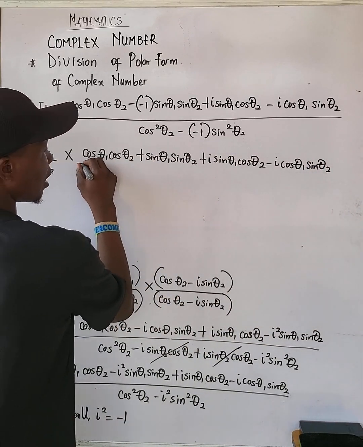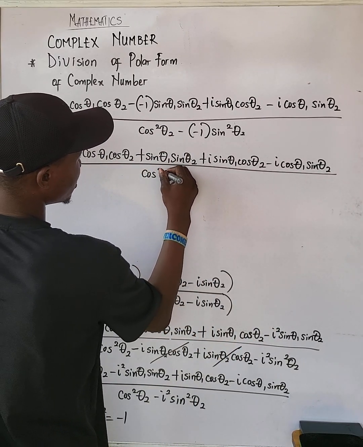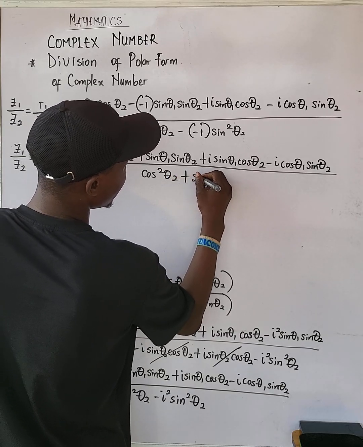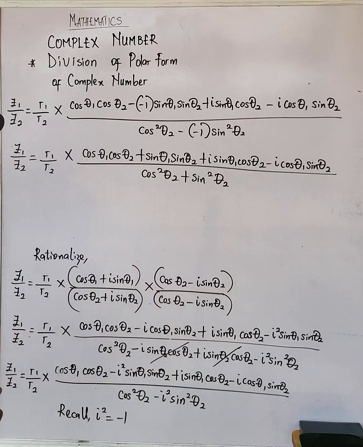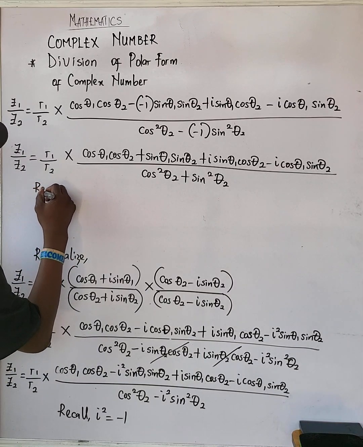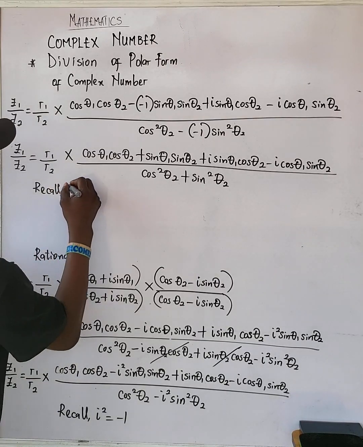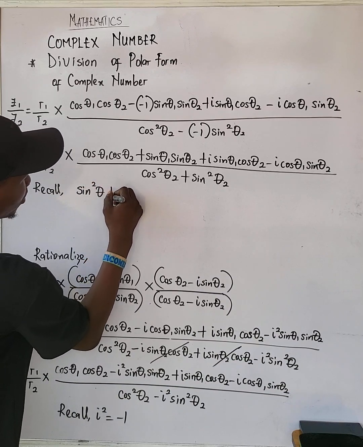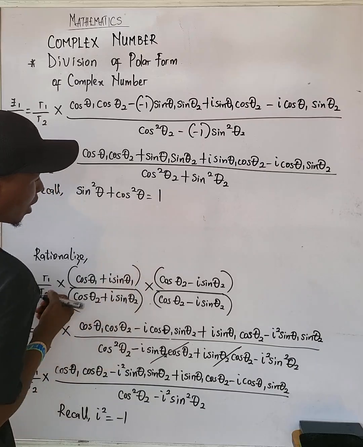Everything over cos square theta 2, minus times minus is plus, plus sin square theta 2. You recall from trig that sin square theta plus cos square theta is equal to 1, right?